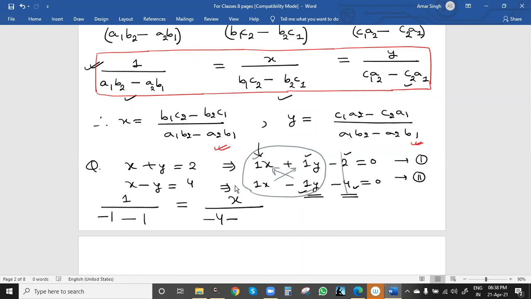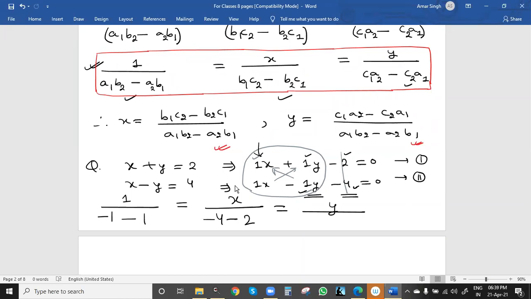So minus of minus 1 into minus 2, that is 2, because minus minus is plus, right? So it is minus 4, minus in bracket minus 1 into minus 2, that is 2. Now no need to use the minus sign, we'll just put y.